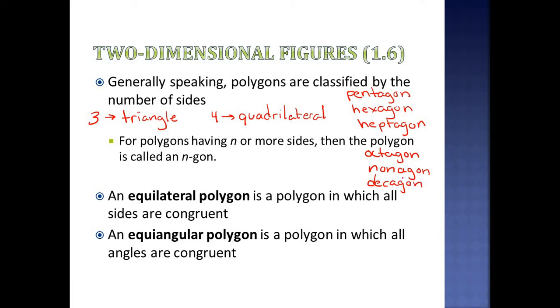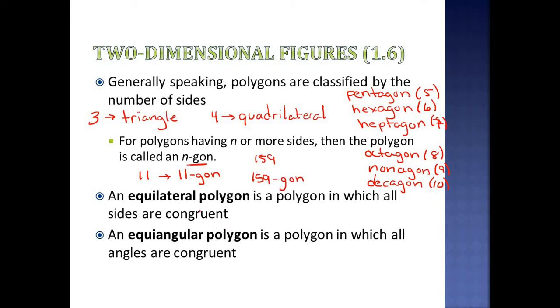Okay? If we have a polygon with more than 10 sides, we will label it as an n-gon. So if we have an 11-sided polygon, that would be called an 11-gon. If we had a 159-sided polygon, that would be called a 159-gon.